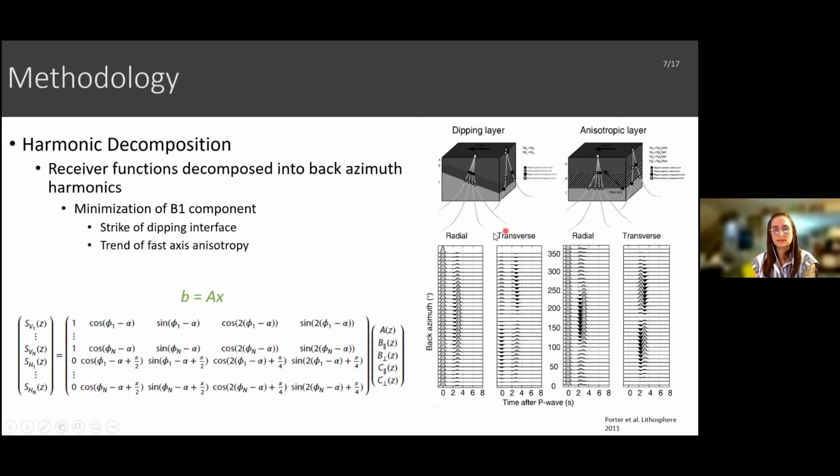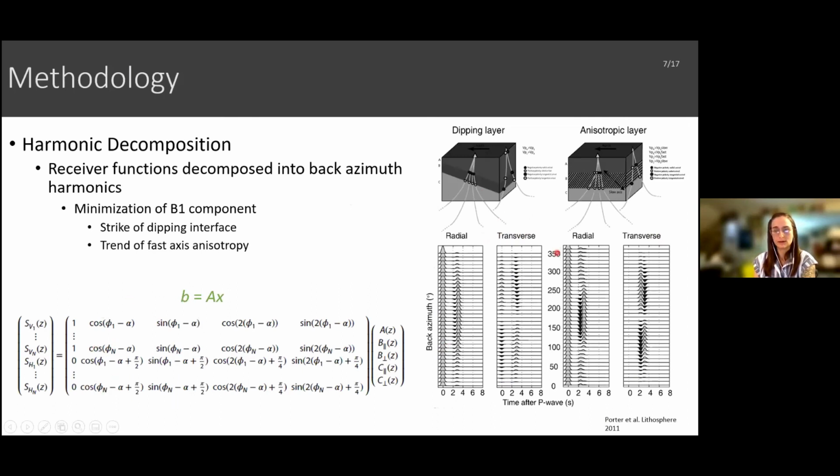We're also taking it a step further and doing a harmonic decomposition. We're decomposing the receiver functions into back azimuth harmonics, and we're specifically interested in the B components, which are represented by signals that have a 2π periodicity.